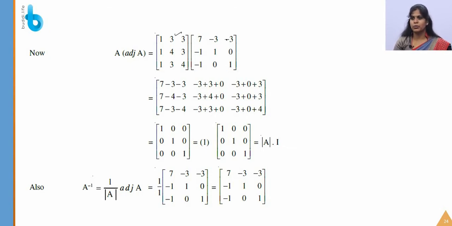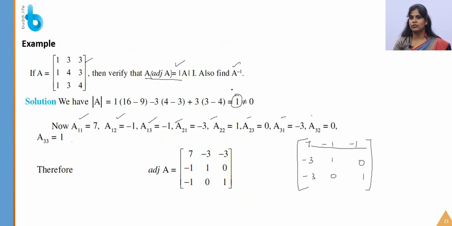So on multiplying these two matrices, I got the identity matrix. This is equal to determinant of A into I, that is 1 into the identity matrix, since the value of the determinant of the matrix is also 1.